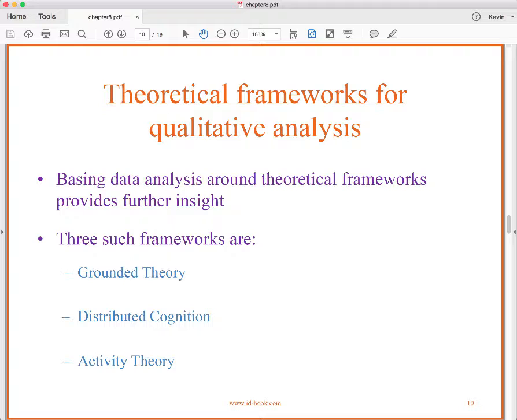Distributed cognition is a framework that we mentioned a few chapters ago, which is very popular in the interaction design field. And activity theory is probably less popular, but interesting, and came out of Russian psychology theory that began in the 1960s.